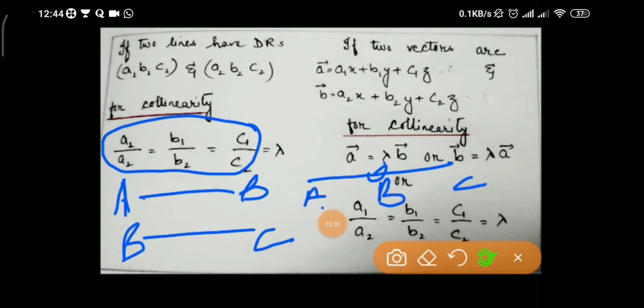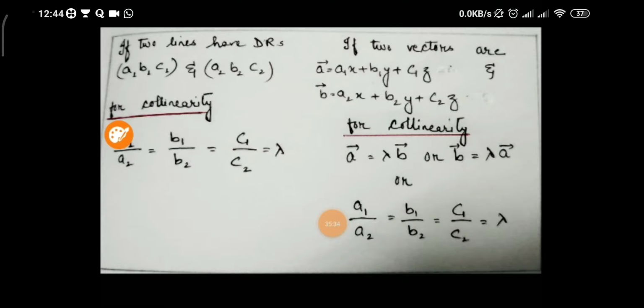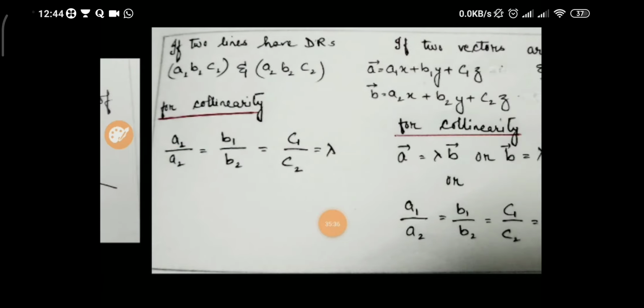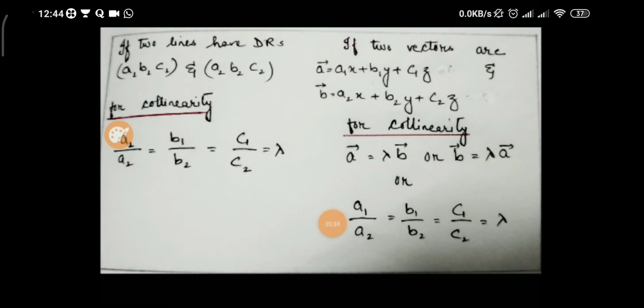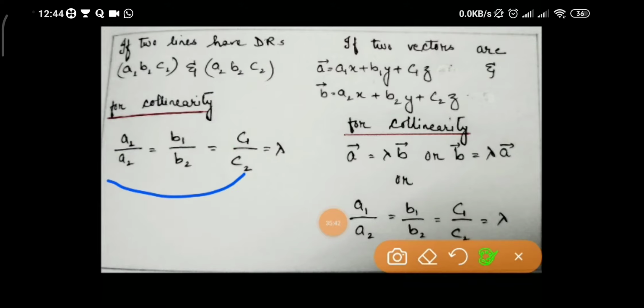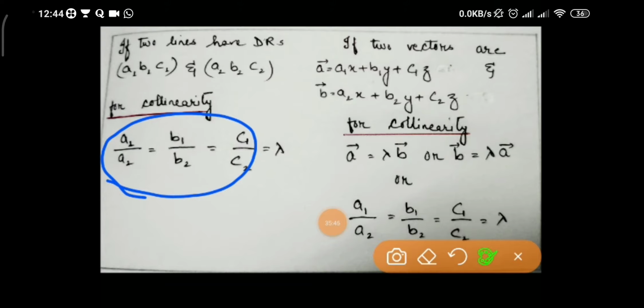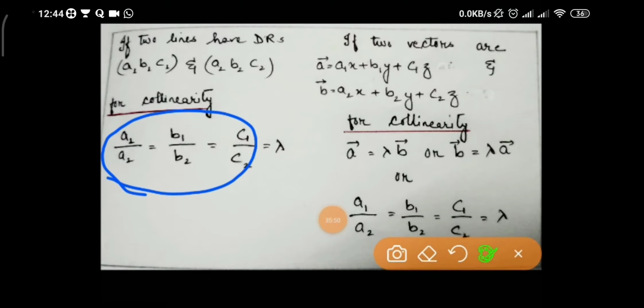To show collinear we'll be using this, but we will check if they have a common point or not. If they have a common point, then we will say collinear, otherwise they are parallel.